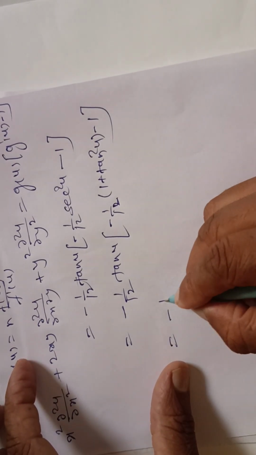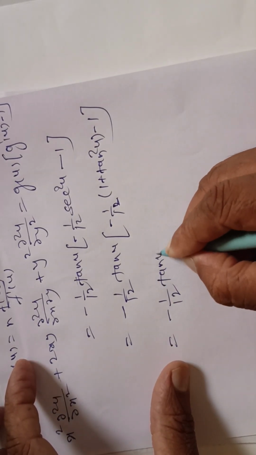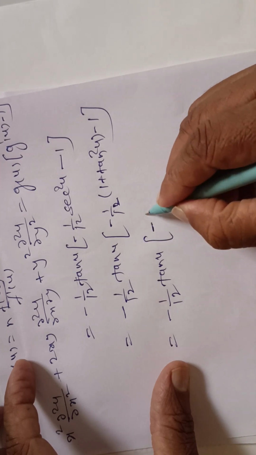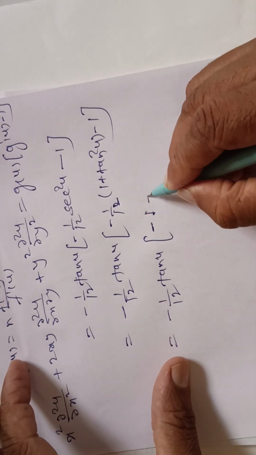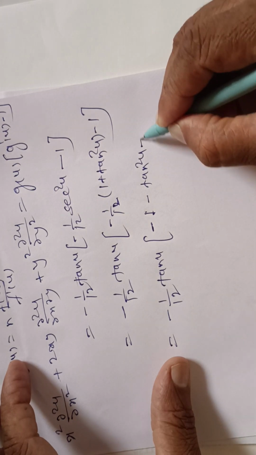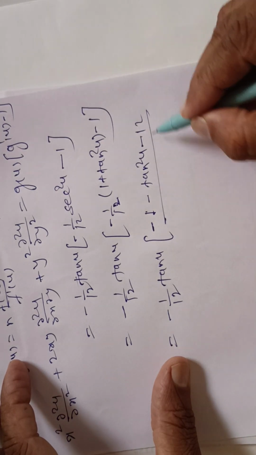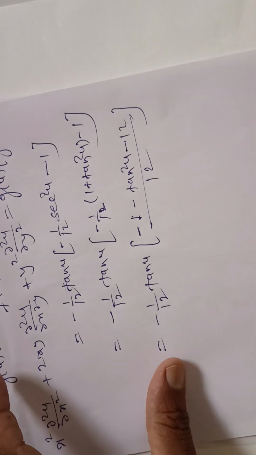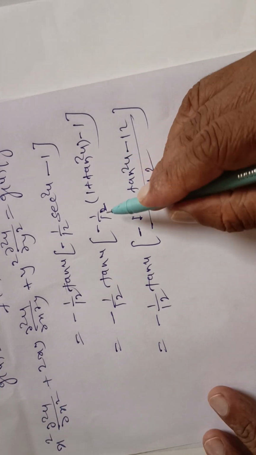And this can be written as minus 1 upon 12 tan of u, minus 1, minus tan square u and minus 12, divided by 12.